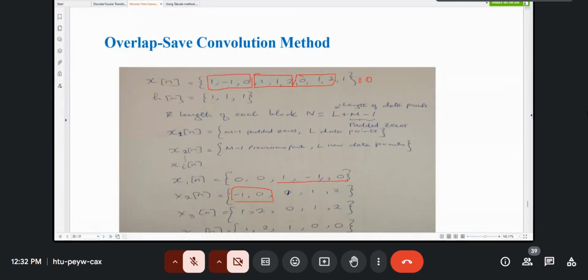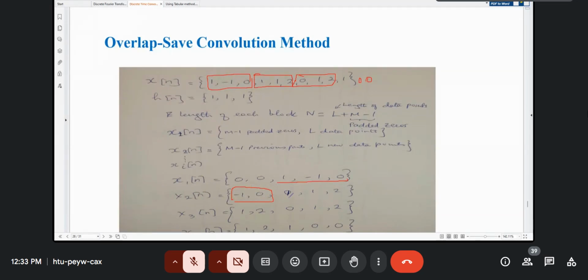Because it is the last m minus 1 samples. For the first one there is no previous sequence, so you use 0, 0.